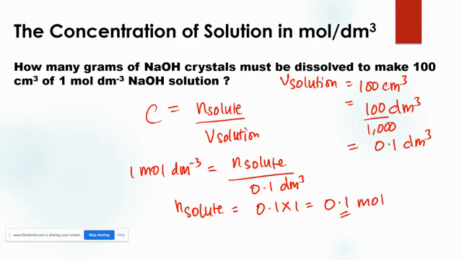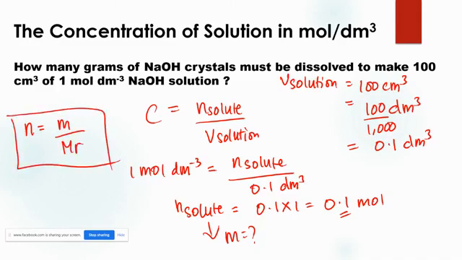It's still moles. We have to find the mass of sodium hydroxide crystals that must be dissolved. So from moles into mass, we have to find mass from mole. We have this formula, moles equal to mass divided by MR, the one that we learned before. In this case, the MR of sodium hydroxide is 40.